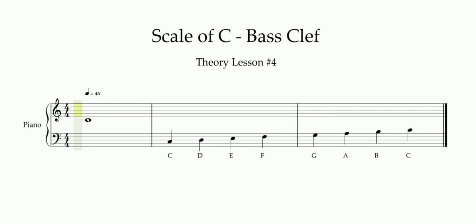That is, the C that was cows and all cows eat grass. Here we have the scale of C in the bass clef starting on that C and ending here on middle C. Middle C, and now the C of the cows of all cows eat grass.